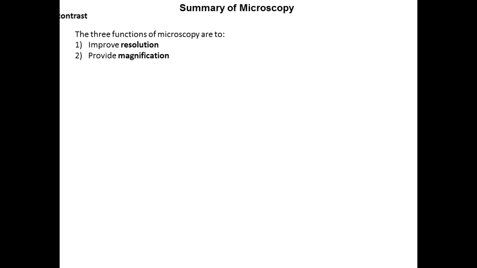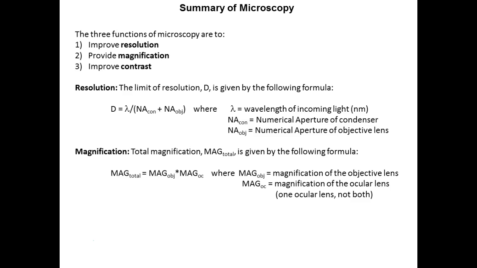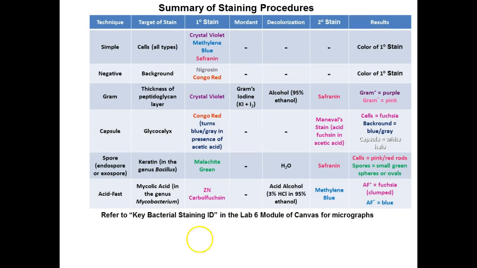So remember, for our microscopes, the reason why we're using them is they increase resolution, provide magnification, and contrast is generated by staining. So again, you got to know your results, right, for each of the staining procedures, right?